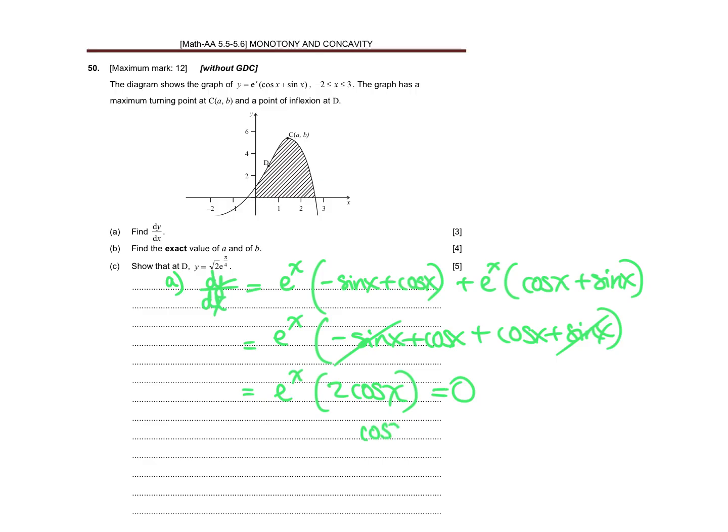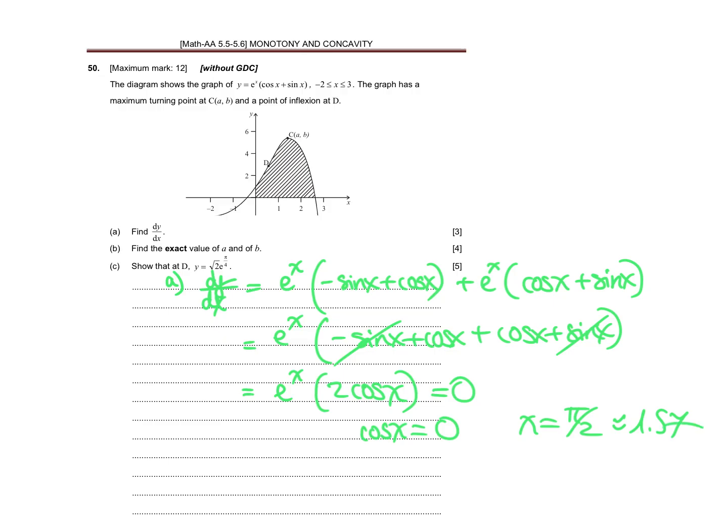So we have cosine x is 0. And that's happening at pi over 2, which is going to be that one. Pi over 2 is about 1.57.